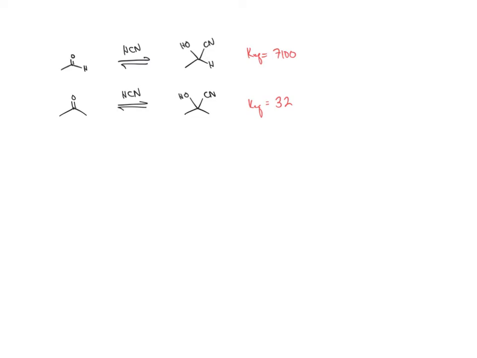So like most things, there is an electronic rather than steric explanation. The difference in the stability of the products is roughly the same. We basically have all the same types of bonds. So it must arise then from the stability of the starting materials. And so the stability of the starting materials is what's going to drive the equilibrium constant.